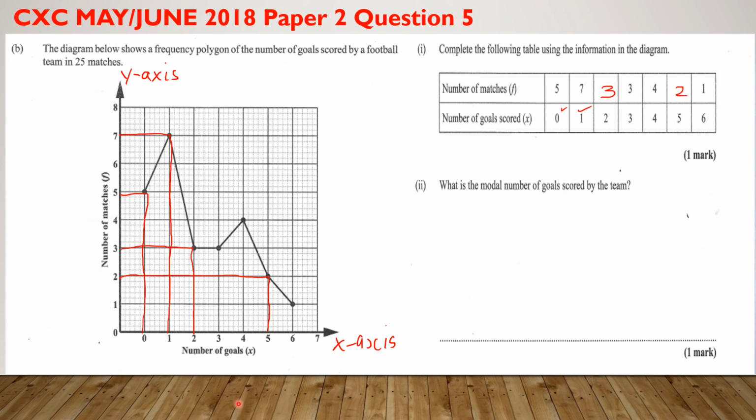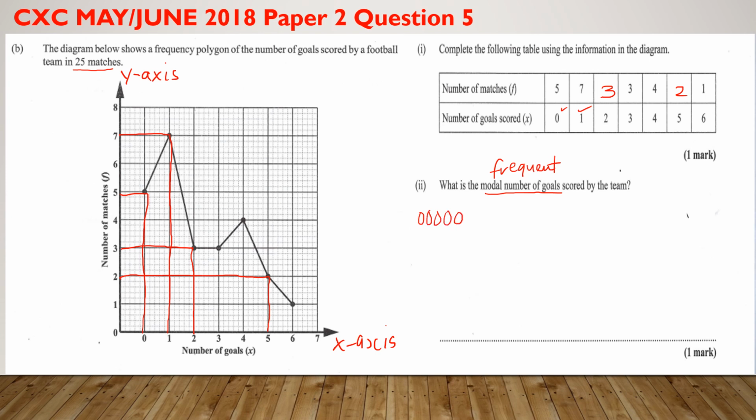Part 2 says, what is the modal number of goals scored by the team? So modal, as long as you see that word, modal number, it means most frequent. So what we can do also, we can write out the numbers, because there are only 25. It's 25 matches, right? So 0, 5 matches.